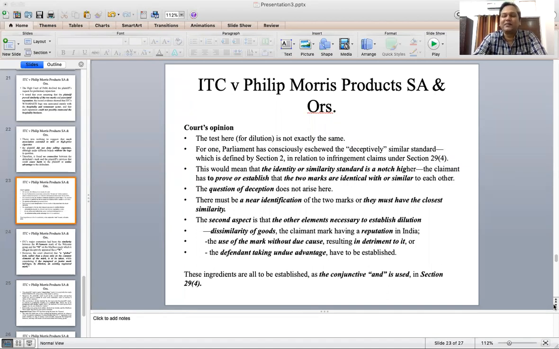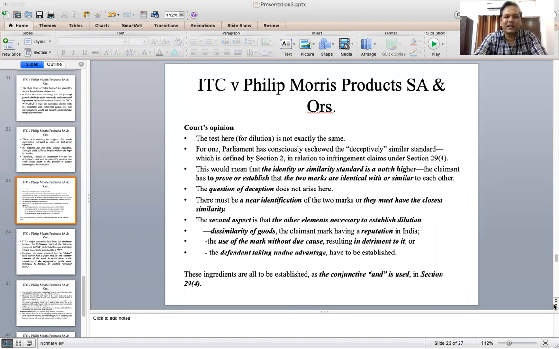Why? Because in cases of deception, the likelihood will play a very major role. But in this very case, the criteria is very robust. And you cannot just, on the basis of some confusion, make your case in the cases of trademark dilution. So this was the reason why Parliament has made it more stringent, so that it could be stringently proved.